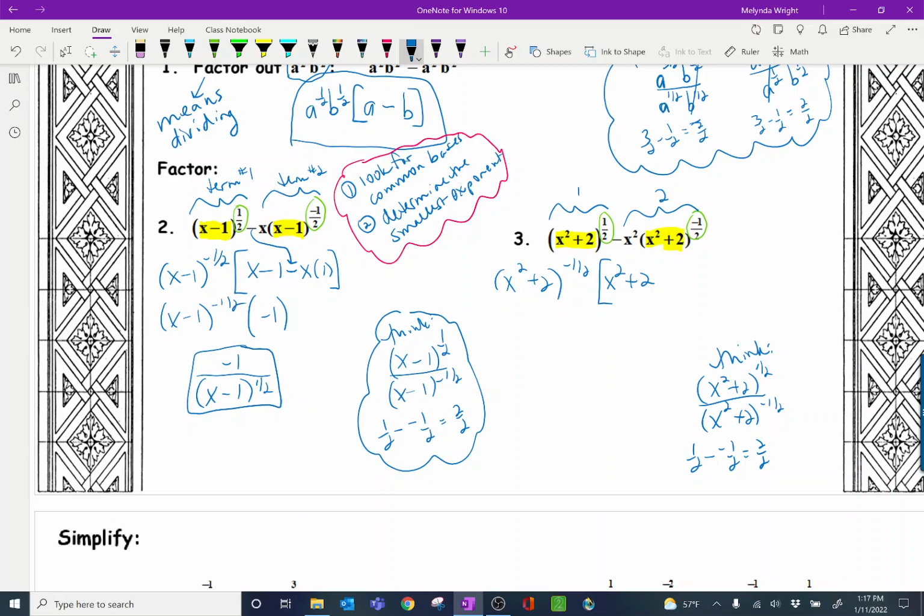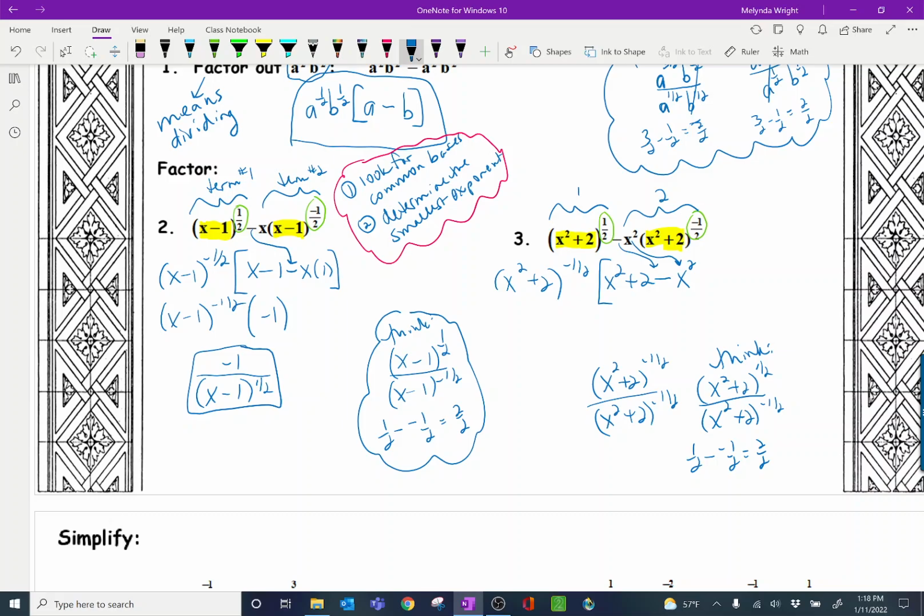Now from the second term, I've got this subtraction sign, and I've got the x squared. And so when we divide, let's just work that out for fun. This is more thinking. If we take x squared plus 2 to the negative 1/2 divided by x squared plus 2 to the negative 1/2, those are exactly the same.